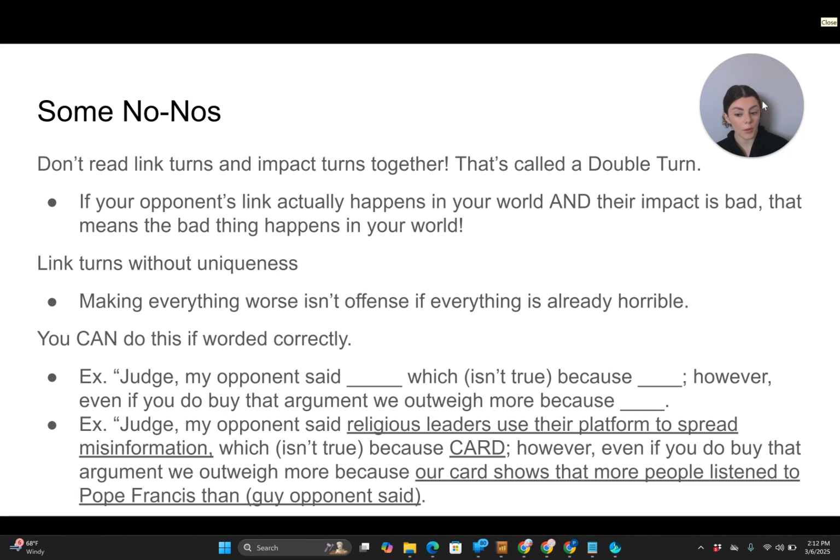So here's a real-world example that I used one year. Judge, my opponent said religious leaders use their platform to spread information. However, this isn't true because of this card.